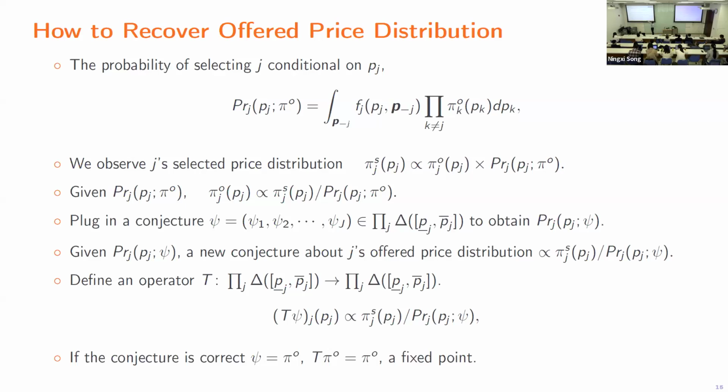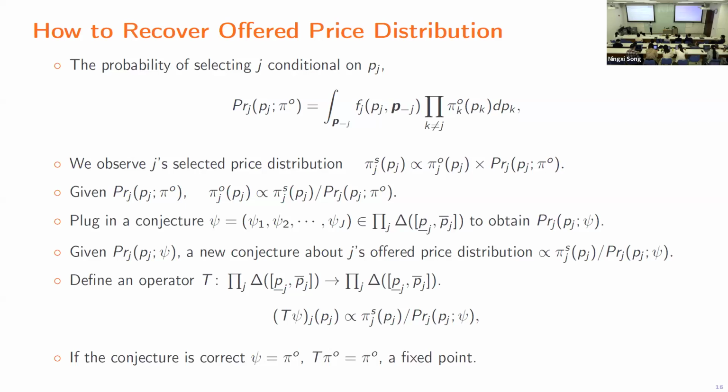This operator T that I just defined replicates exactly that. Plugging in any conjecture phi of offer price densities gives a conjectured PR function, and I divide the selected density by it to get a new conjecture. So this operator takes in a conjectured offer price distribution and gives you a new one.